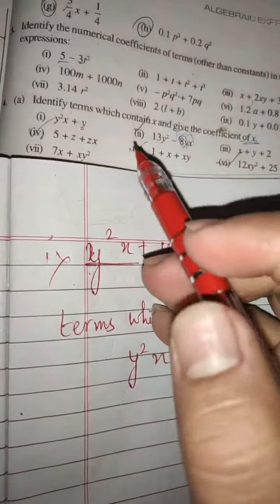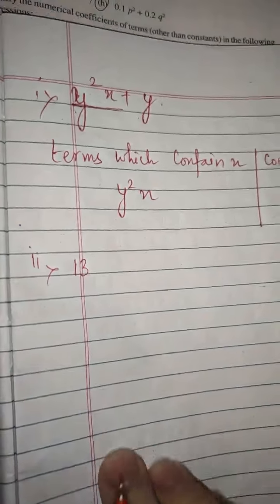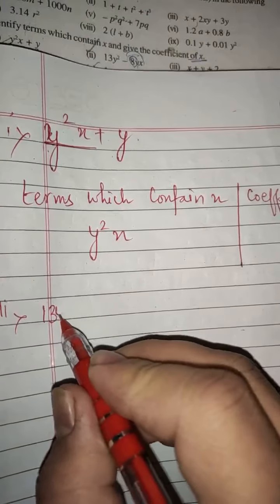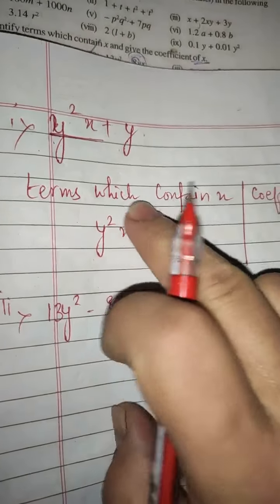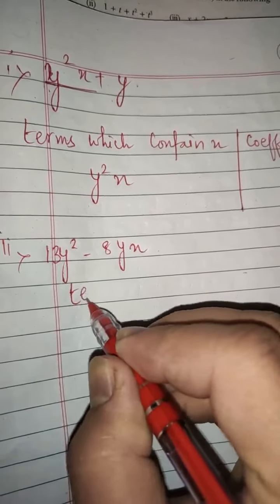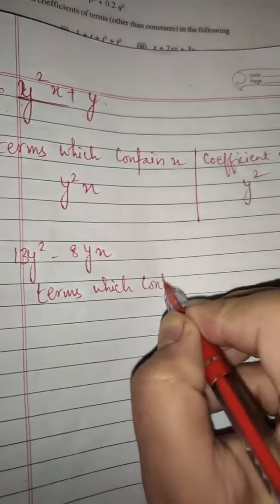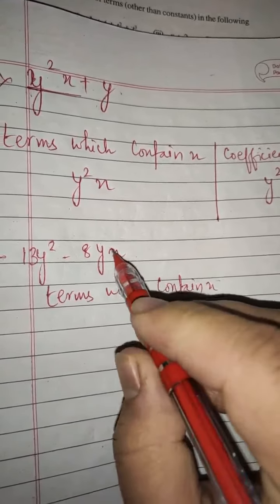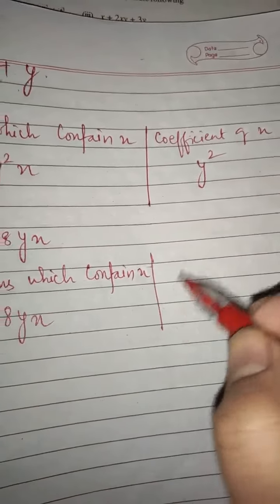Okay. The next question we have is 13y square minus 8yx. So you have to similarly write the terms which contain x. Terms which contain x is 8yx, and what else you have to find?